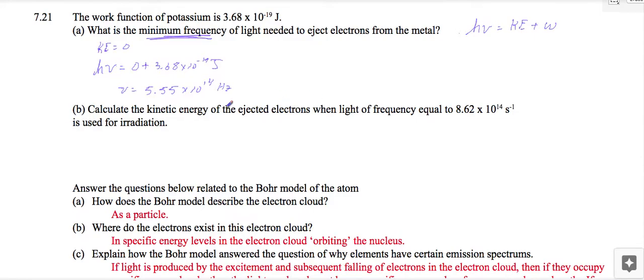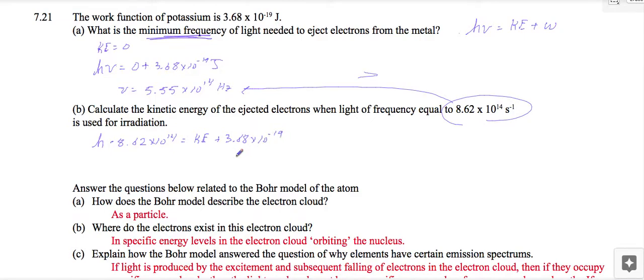Now we have the same metal here, potassium. It says calculate the kinetic energy of the ejected electrons when the frequency of the light is this. So it's a value that is greater than the minimum, and so it's going to have some kind of kinetic energy. So we have, again, Planck's constant times 8.62 times 10 to the 14th is equal to kinetic energy plus the work function, 3.68 times 10 to the minus 19th.